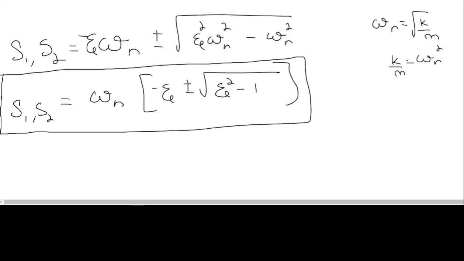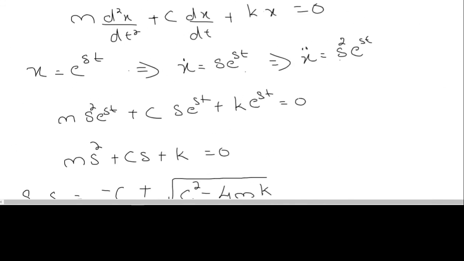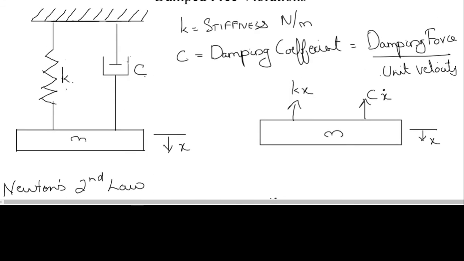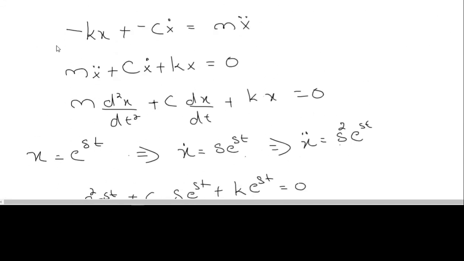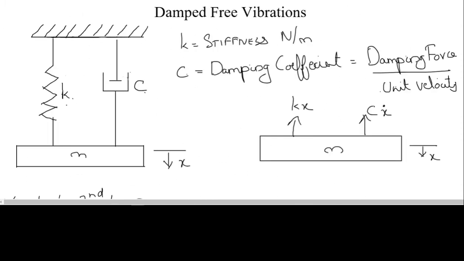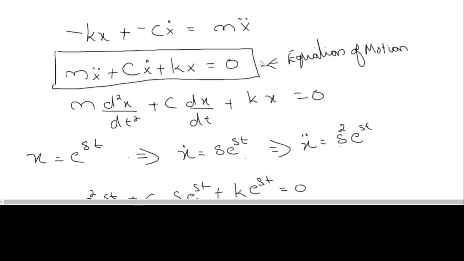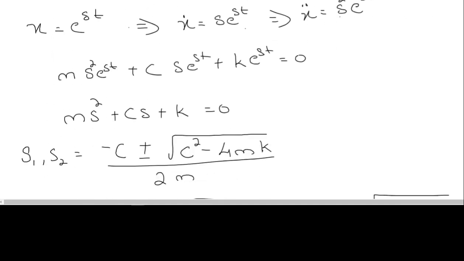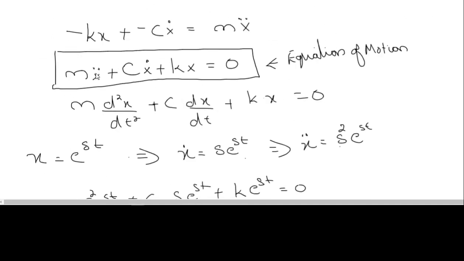So this is the part of the solution of free damped vibration, and this equation represents the equation of motion of damped free vibration. So that equation is important. And if c is equal to 0, that equation becomes mx double dot plus kx is equal to 0, which we have learned for undamped free vibration.